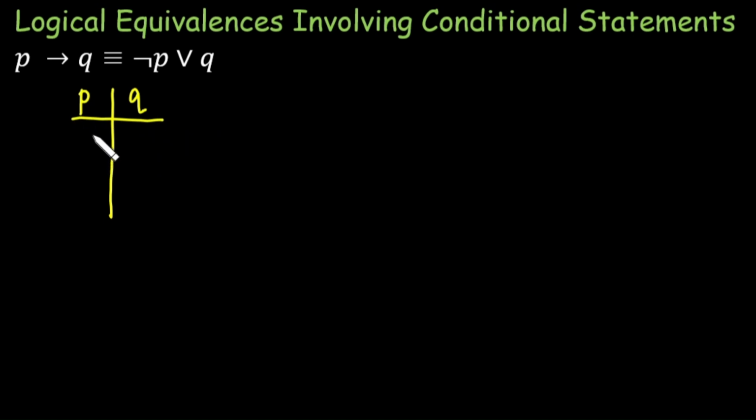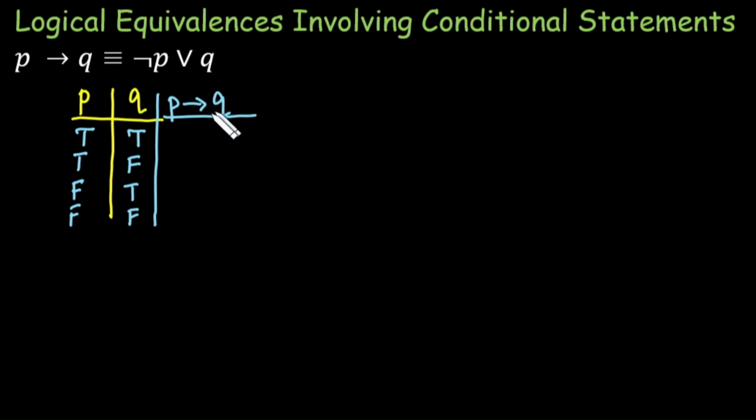If there are four possible cases, it means half are true and half are false. So we write two trues, then two falses. Now for Q, we need to write two times true. Now we will write one time true, one time false, one time true, one time false. So P implies Q is logically equivalent to what?